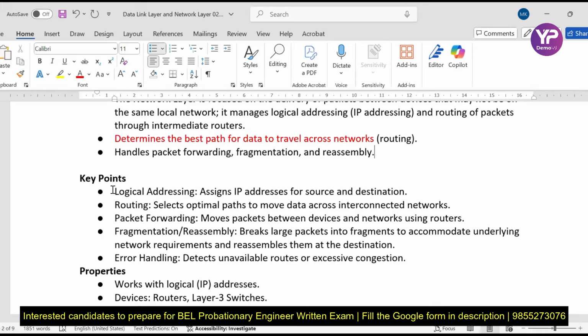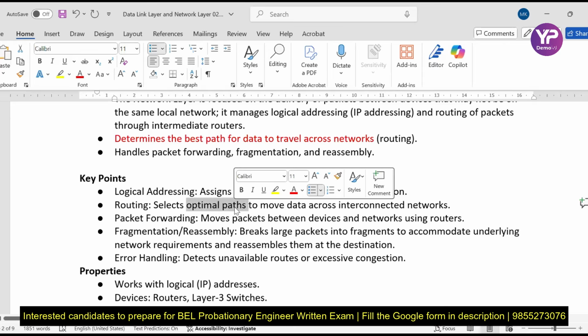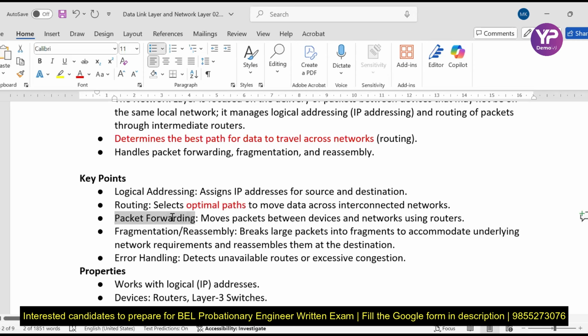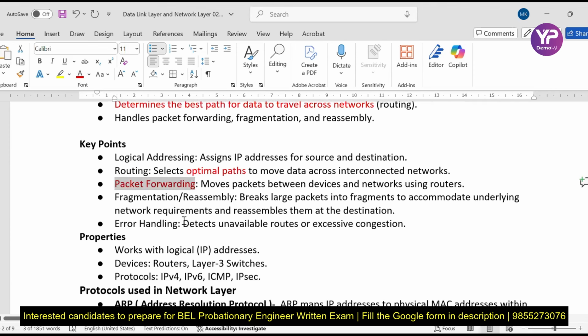But when you connect your system to a university Wi-Fi, you have some different IP. That's why it is called a logical address. Routing is done to select the optimal path. Keep in mind the word optimal path to move the data across interconnected networks. Fine. Packet forwarding, that is the same. Routing and packet forwarding are the same actually.